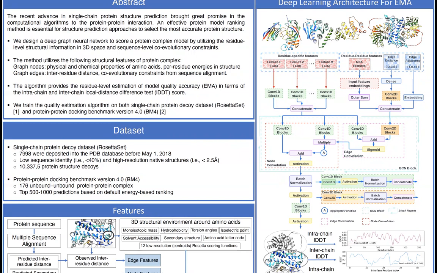In order to evaluate the interface residue accuracies, we also incorporate complex targets from the ZDock dataset that has around 176 complex targets, and each target comprises tens of thousands of predicted decoys made by ZDock. In our study, we use the top 500 to 1,000 top ranked predictions to train the deep learning model to give us a prediction for the interface residues.